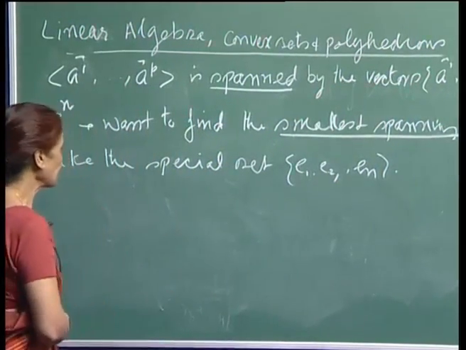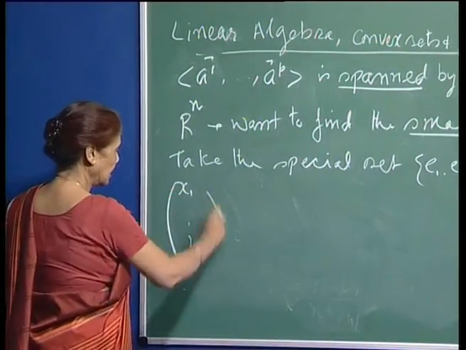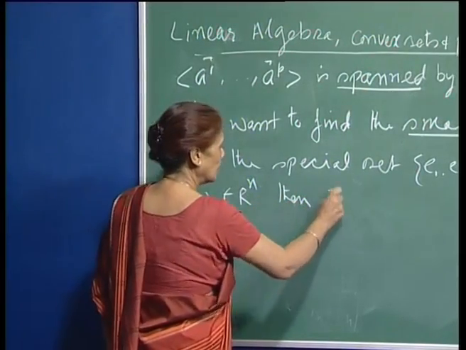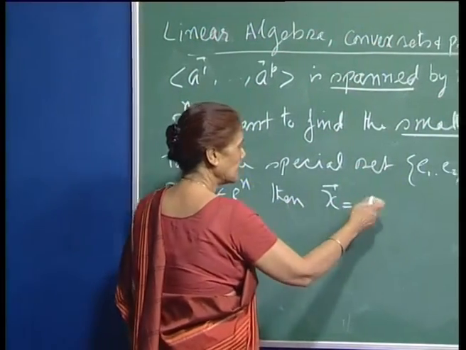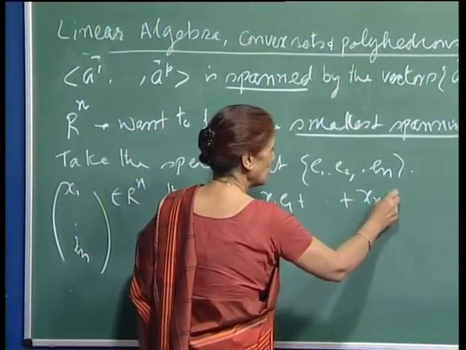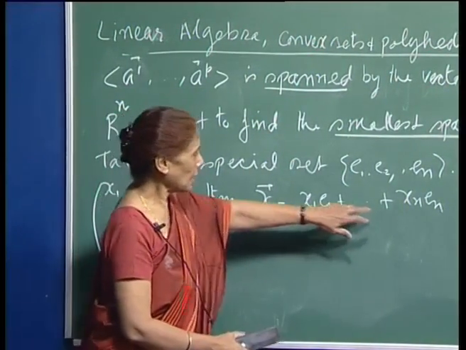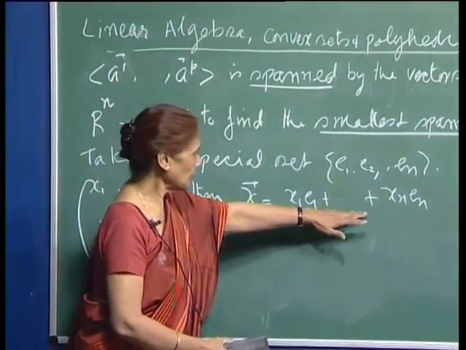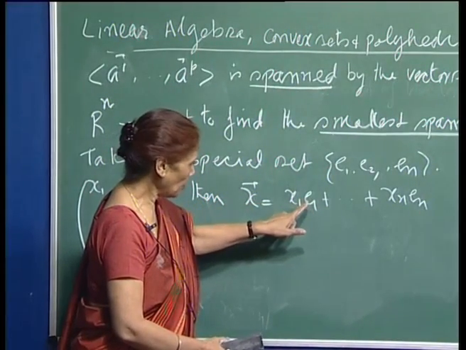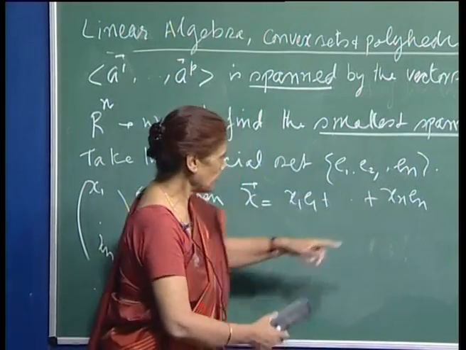If you have this collection, then if you look at any n tuple x belonging to Rn, then this x can be easily written as x1 E1 plus up to xn En, right, because again you see scalar multiplication is valid, then vector addition I am using, and so from here you will only get the component x1, because all others will have 0 entries in the first place.